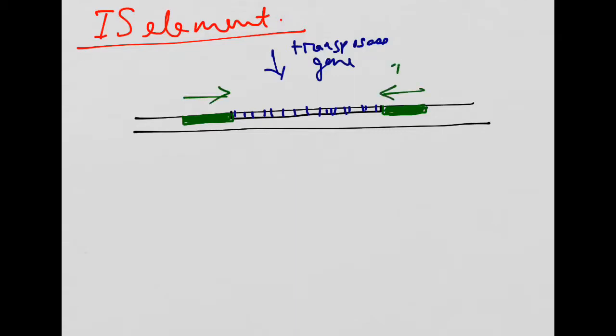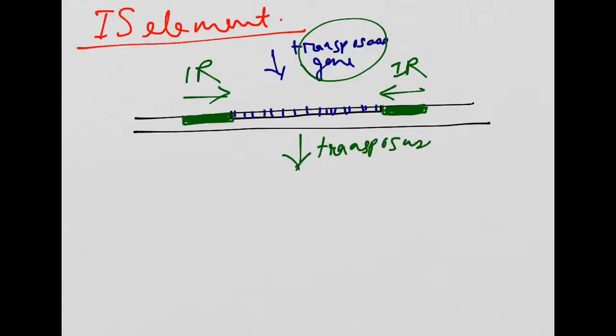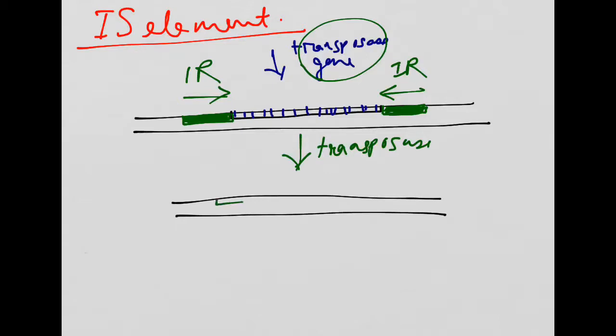These inverted sequences are very important because the transposase enzyme that will be formed will bind to these inverted repeat sequences. These inverted repeat sequences are used as a recognition site for the transposase enzyme.